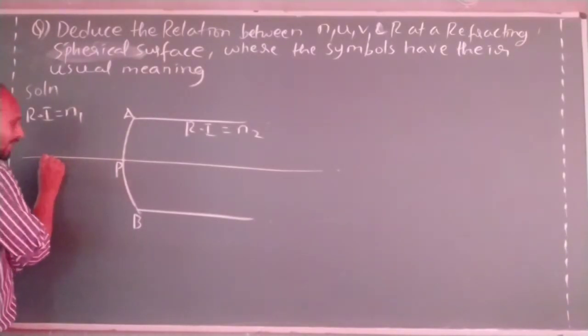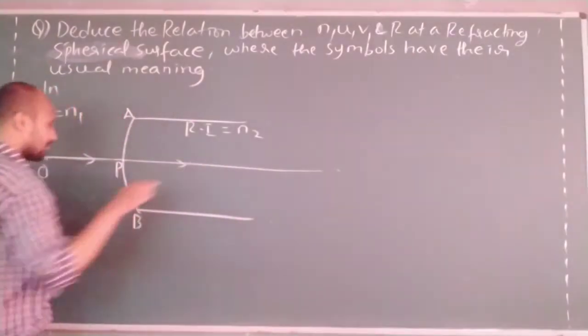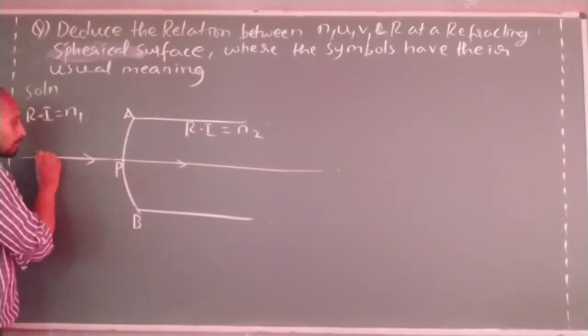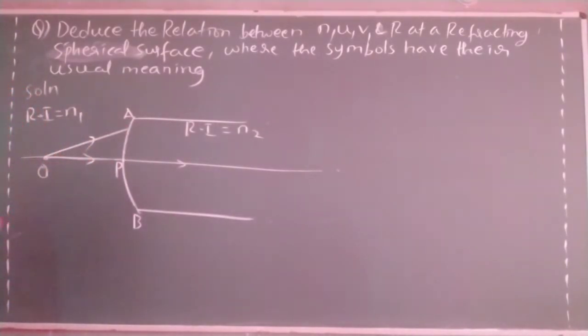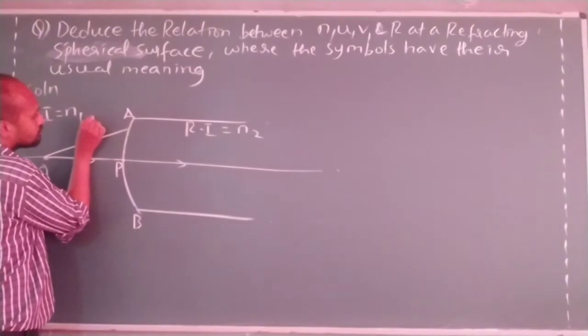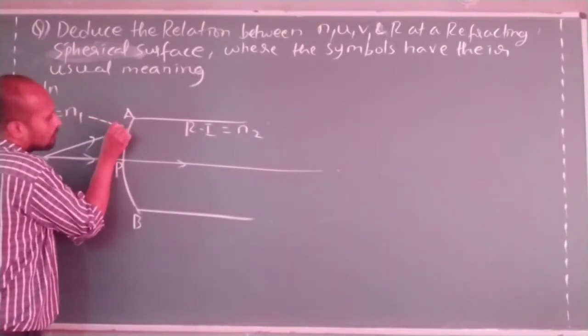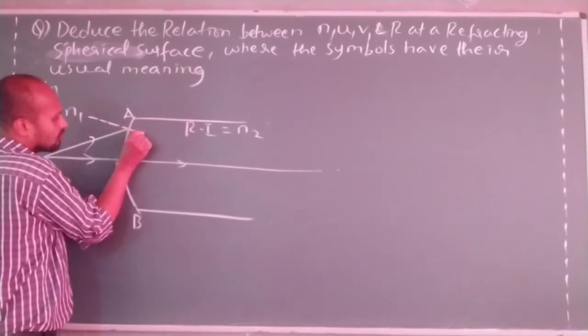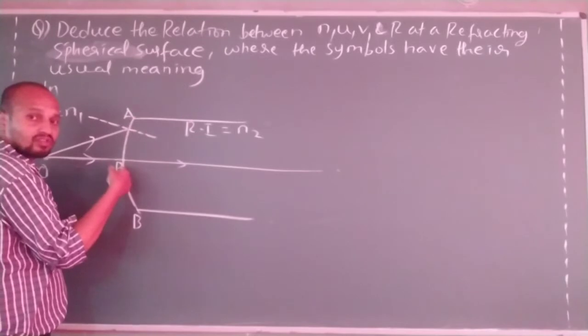When one ray of light passes along the principal axis in this manner, another ray will pass like this, such that if I draw one normal line, this normal line is normal to this refracting surface.